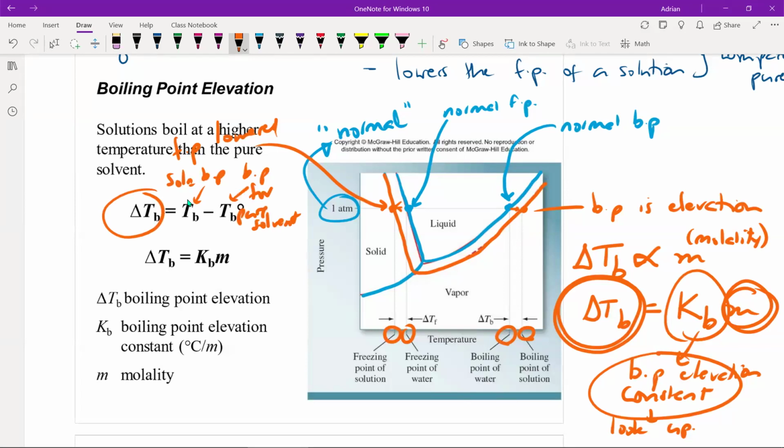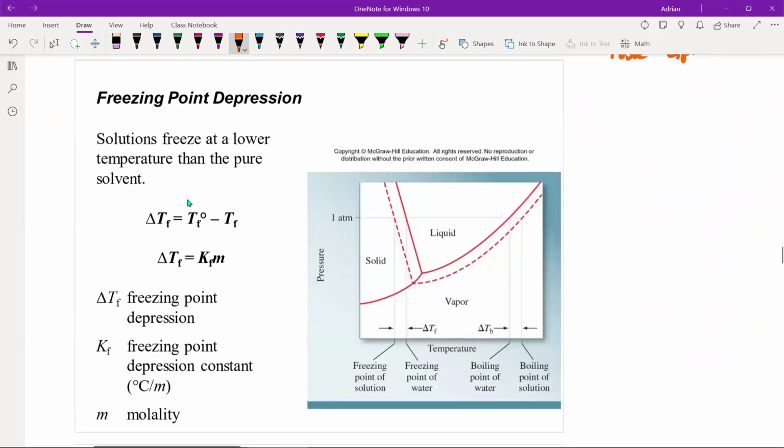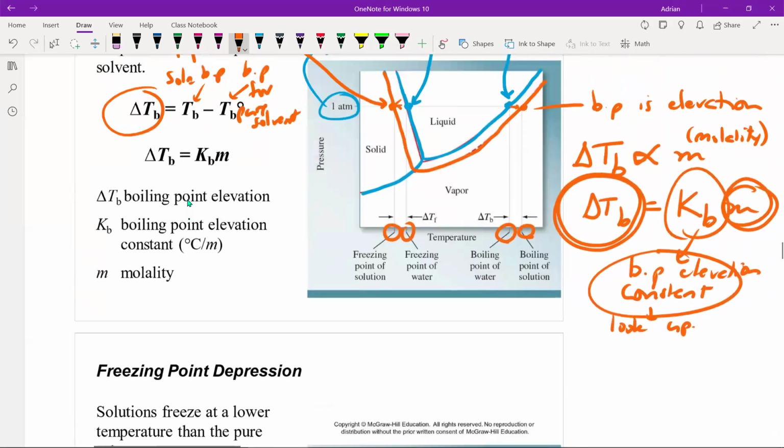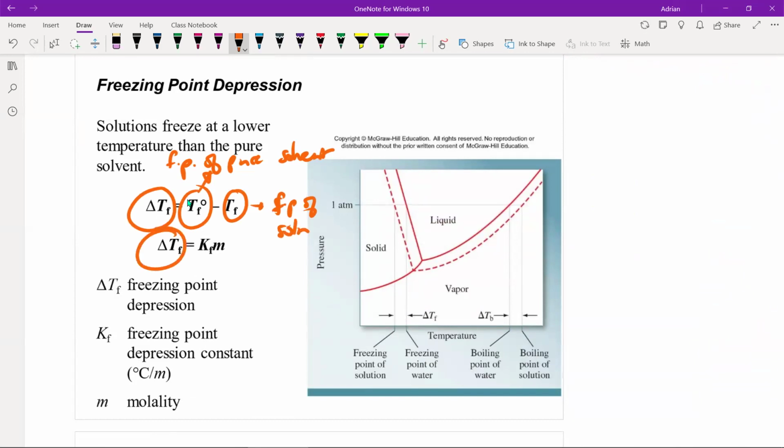Okay, there's a similar relationship for the freezing point depression. The change in the freezing point, or the lowering of the freezing point, delta T_f, would be the freezing point of the pure solvent minus the freezing point of the solution. That change, delta T_f, is again proportional to the molal concentration.